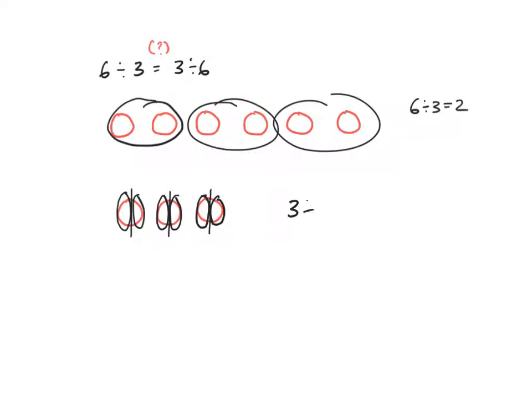So 3 divided by 6, each person is not even getting 1 full circle. They're actually getting 3/6 of a circle, which is 1/2. So as you can see, division is not commutative. The order in which you place the numbers very much affects the result.